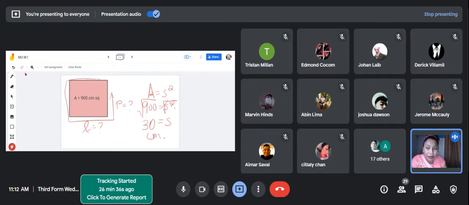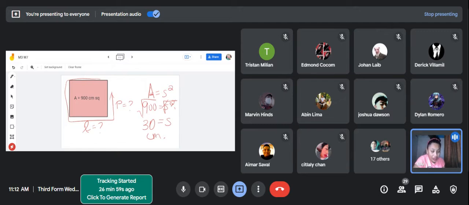What does the 30 represent? The square root of 900, Miss. Sideways. The length of a side. I have not found the perimeter as yet. I didn't do any calculation to find the perimeter. The perimeter is still missing.